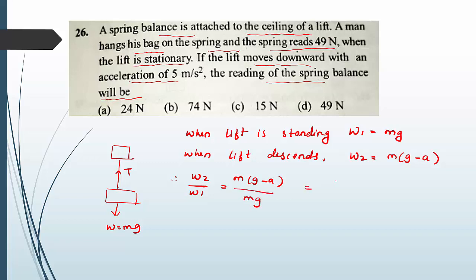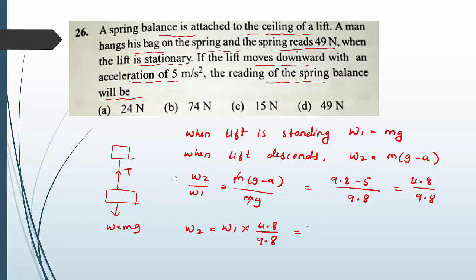So calculate this value, m will get cancelled. So 9.8 minus 5 divided by 9.8. So we'll get 4.8 divided by 9.8. Or we can write W2 equal to W1 into 4.8 divided by 9.8.